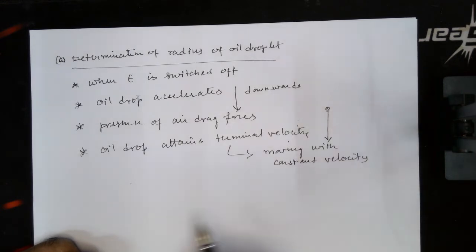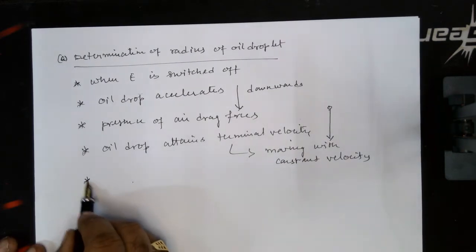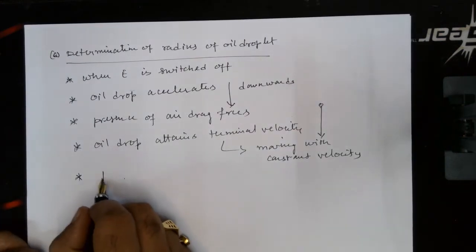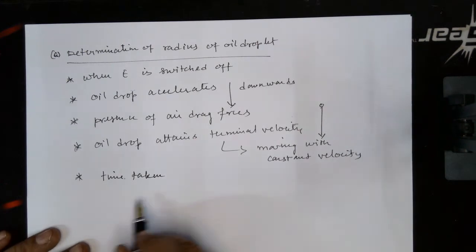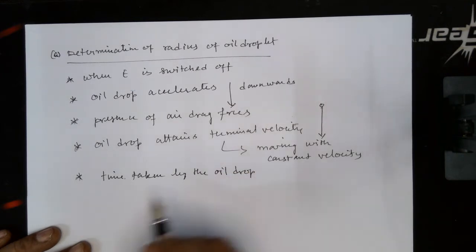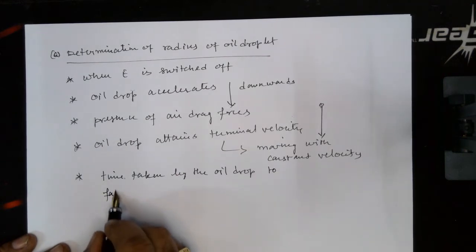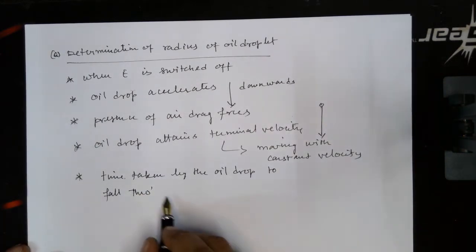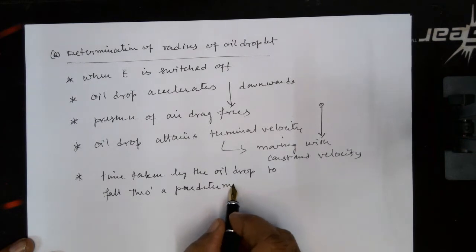That is considered to be terminal velocity. So this is measured by noting down the time taken by the oil droplet to fall through a predetermined distance.